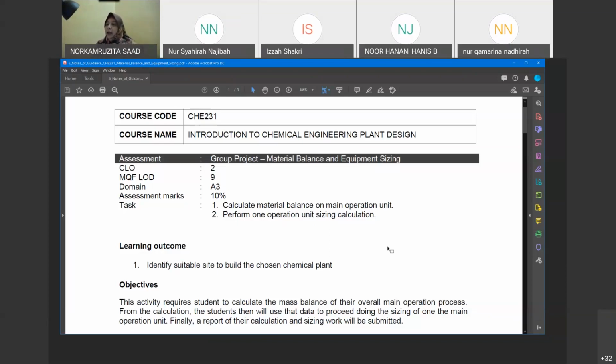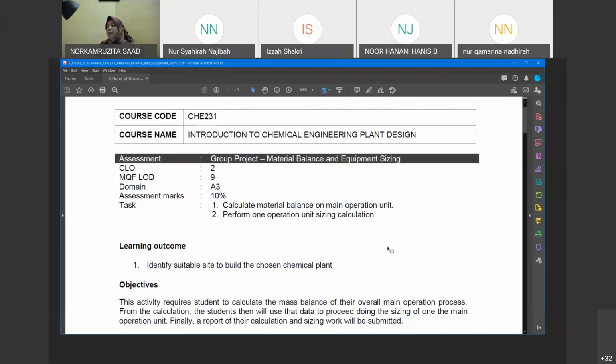Next, you learned to determine the height of the column and the diameter of the column. That is about designing the column, but it also involves the sizing of the column.